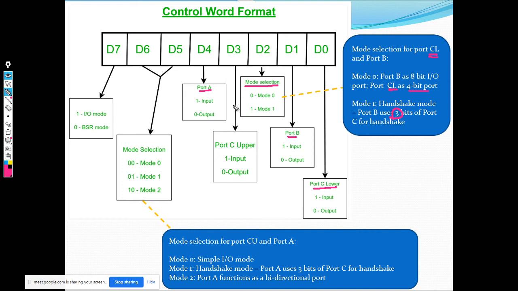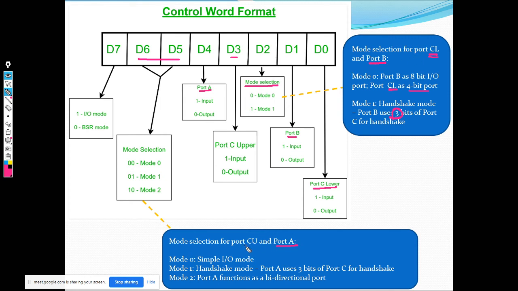Then we have your D3 where you say whether port C is going to be input or output, similar to D1 and D4. And then you have your D5, D6 bits. This is mode selection for port A. The D2 was mode selection for port CL and port B, whatever we saw earlier.